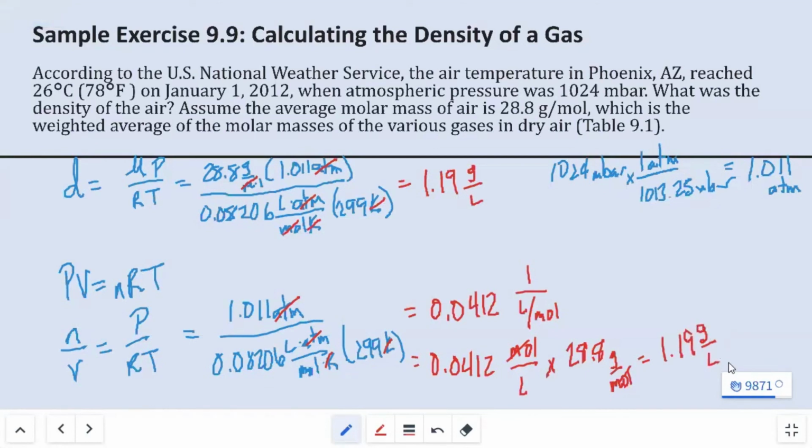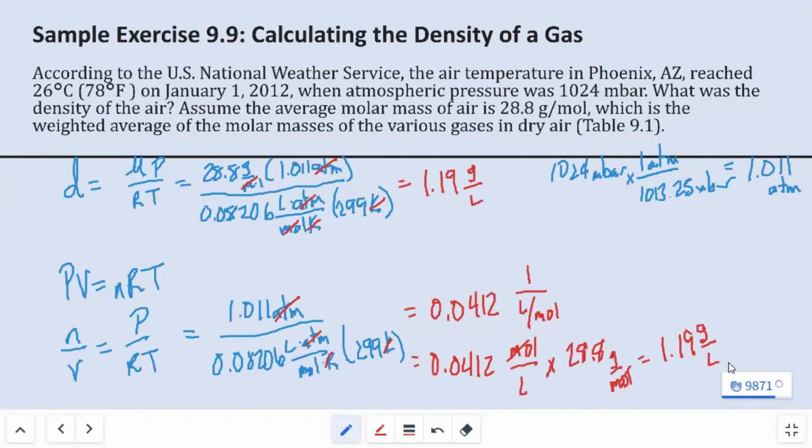So why go through all of this to show you this? Again, it comes down to your equation sheet doesn't have every single equation on it. So if you've memorized this density calculation with this formula, great, use it. It is simpler. But if you didn't, understand that this has its roots in the ideal gas law.